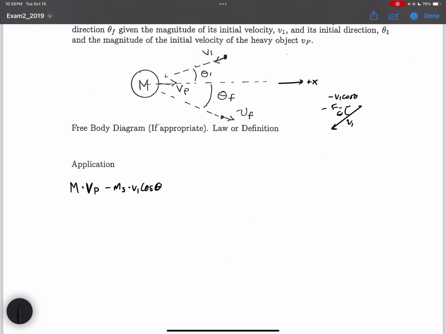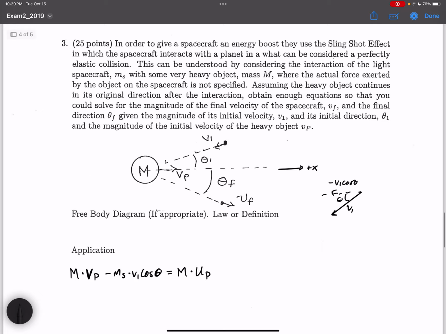What we want to do here is then set that equal to the momentum at the end, which would be the larger mass times the change in its velocity, because it will change after interacting.